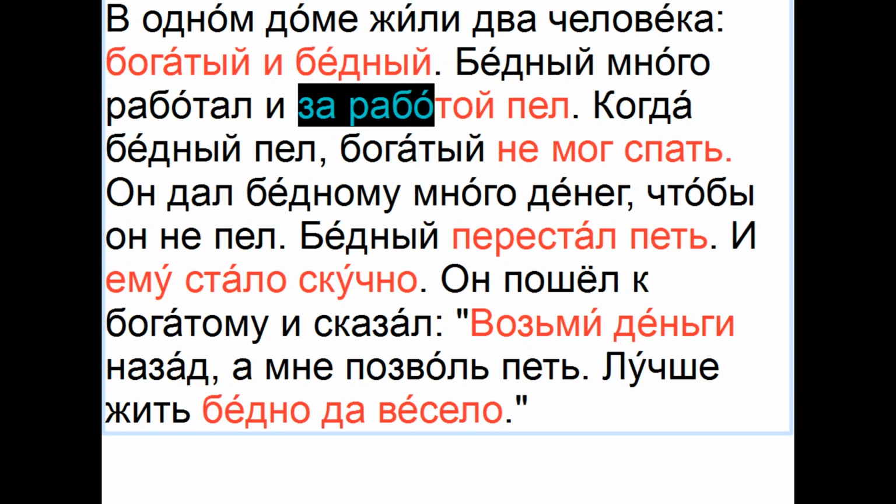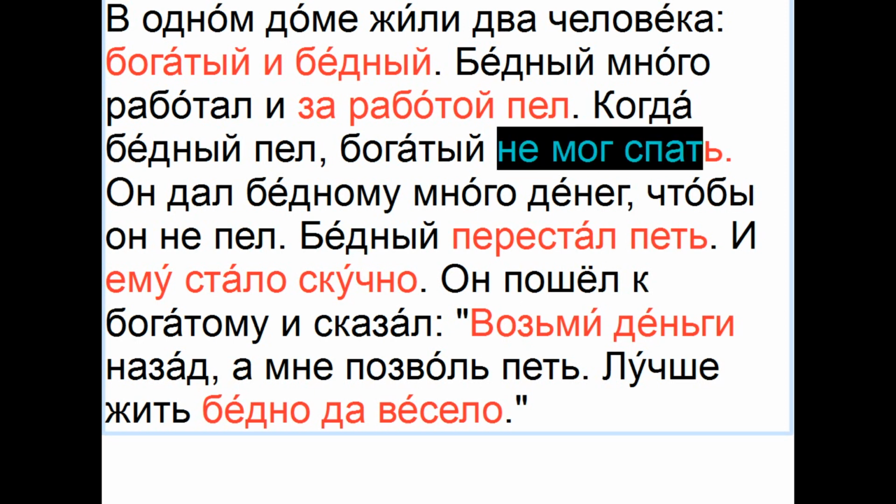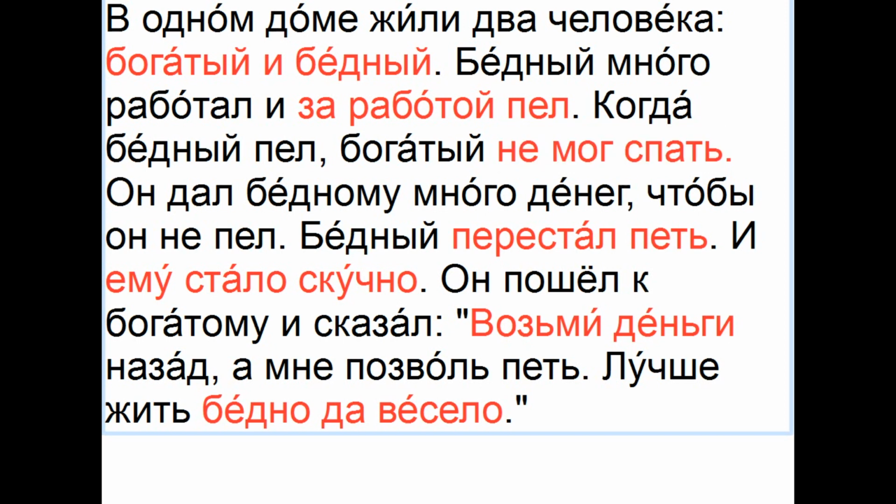За работой пел means that here a person did two things at the same time. During his work, за работой, he was singing. Then, не мог спать. Не мог спать means he couldn't sleep.